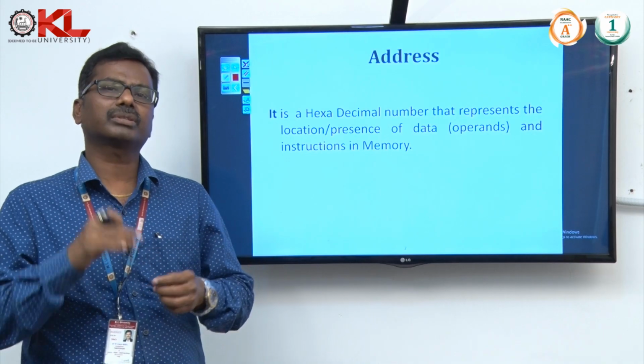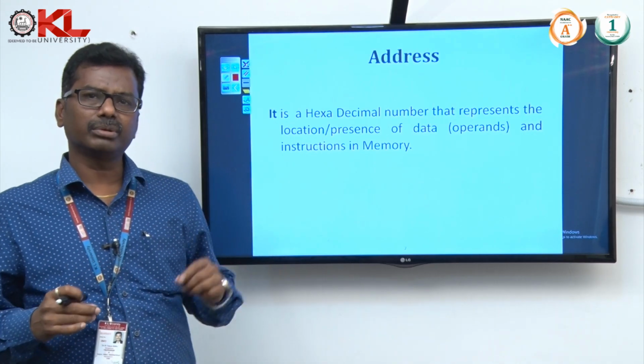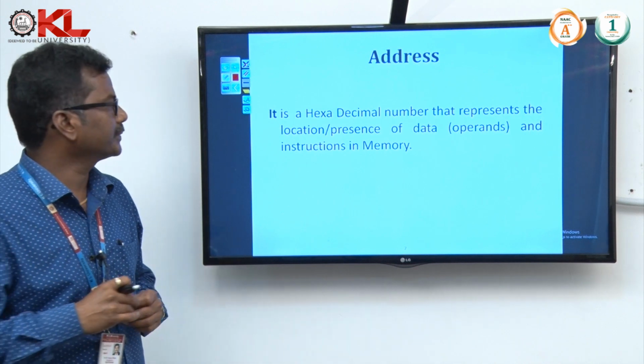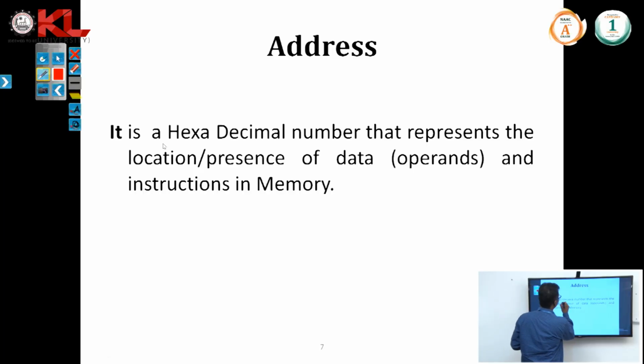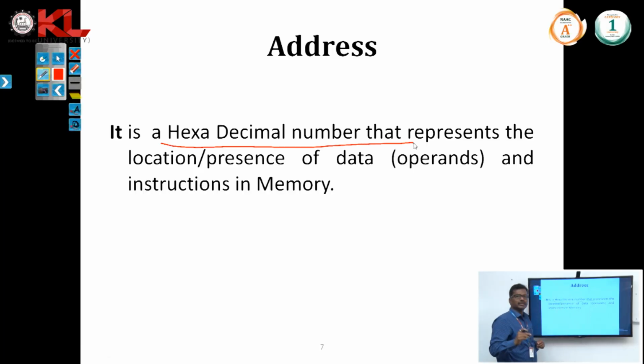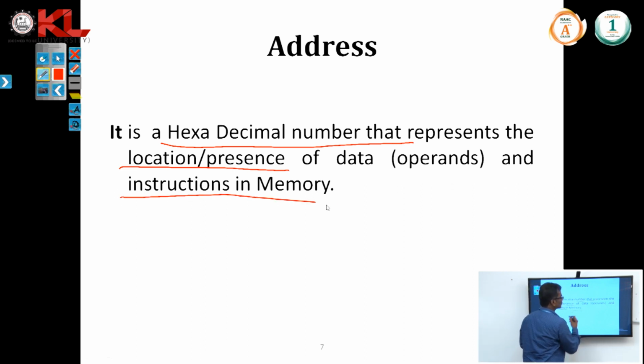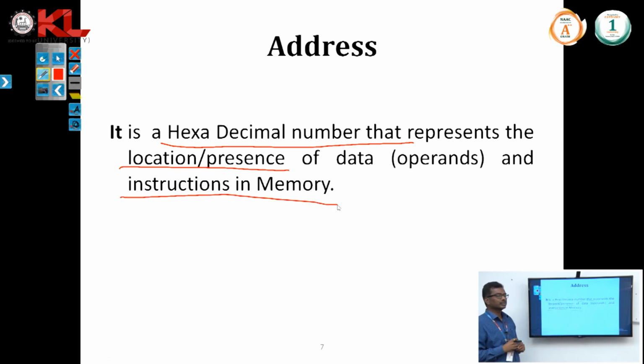So what is an address? An address is a hexadecimal number that represents the location of the data or operand and the instructions in the memory. So address is nothing but the location where those operands or instructions are present in the memory.